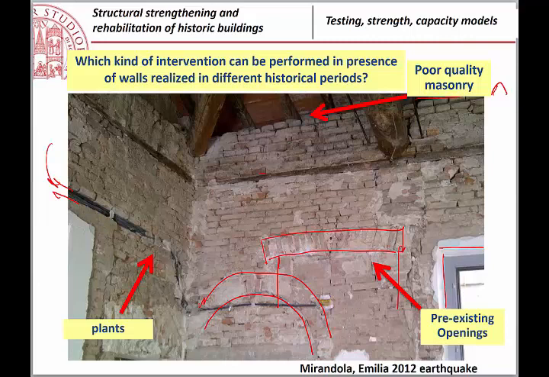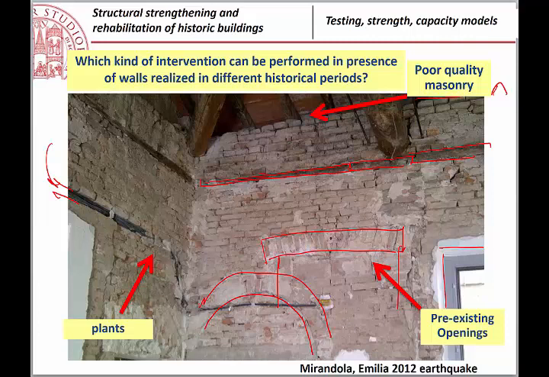Sometimes you find some good things instead. For example, you can see this, which is not so easy to understand, but these are wooden planks put at the level of the end of the structural construction.